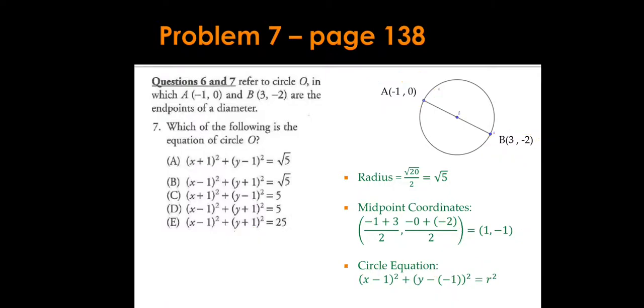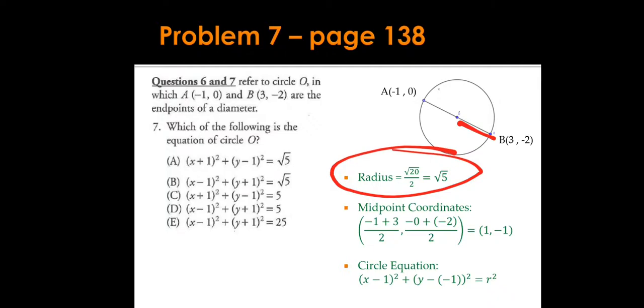Now, having said that, I need to find first r, which I have found in the previous question. We found it as square root of 20 over 2, which is square root of 5.